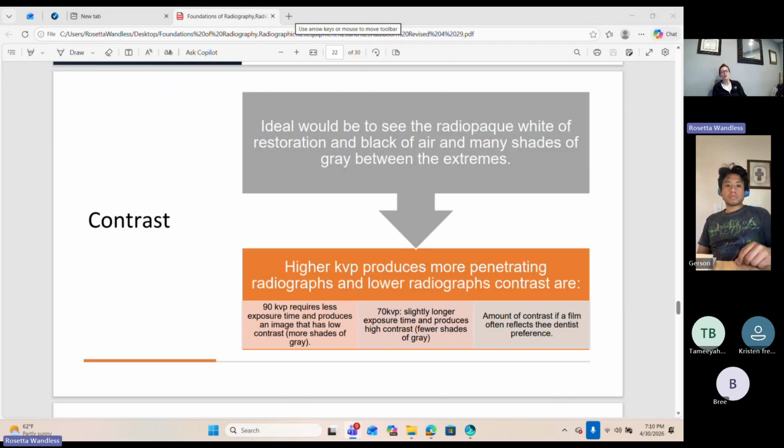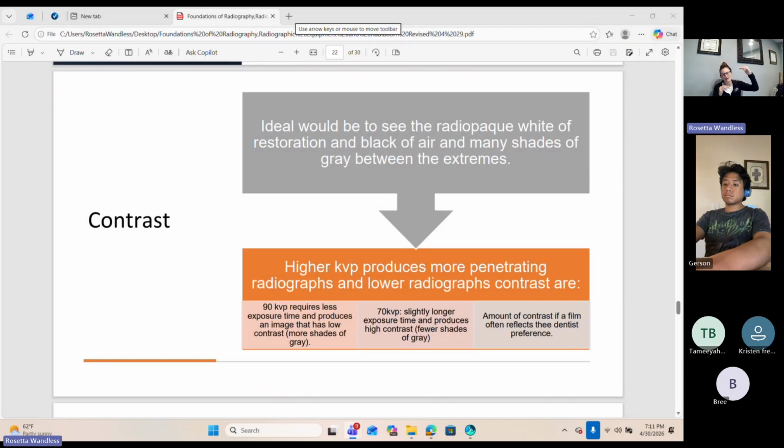Yeah, absolutely. So again, if I have a high kVp, like a 90 kVp setting, I need to lower both the milliamperage, the MA setting, and the exposure time. That will give me more shades of gray, which is fine, but it's going to give me a low contrast.